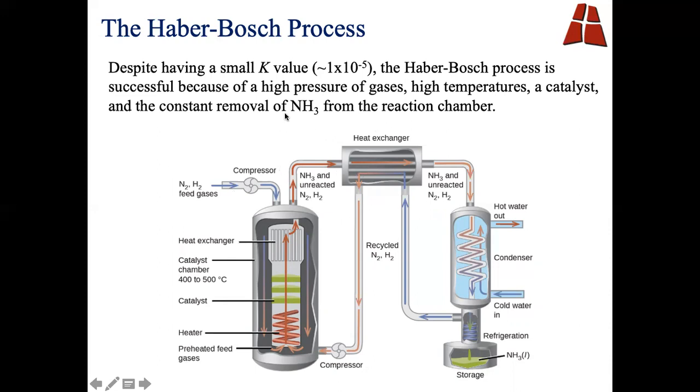But if we do this at high pressures, high temperatures, and with a catalyst, and maybe most importantly, with Le Chatelier's principle, we have a condenser that removes ammonia from our reaction vessel. That will allow us to continually produce ammonia in a fairly effective manner. And so that means that we can actually feed the whole world using this Haber-Bosch process.